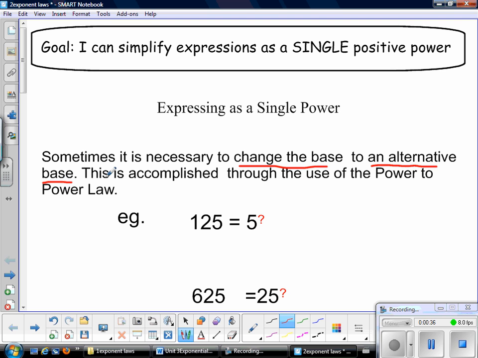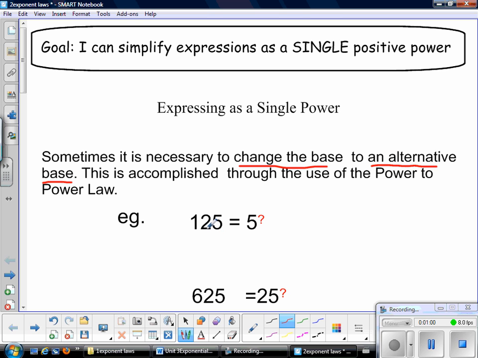And the way we do this is accomplished through our power to power law. And remember, power to power law is if I have a power to a power, I multiply my exponents. So let's take a look at, first of all, if I have a base of 125, if I can change that base to another power, another base.